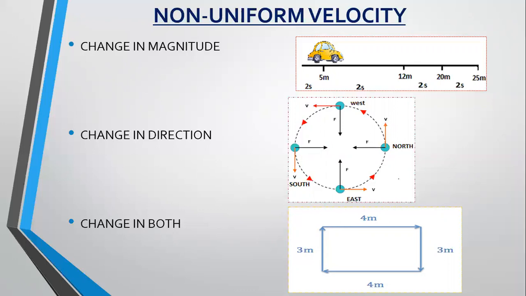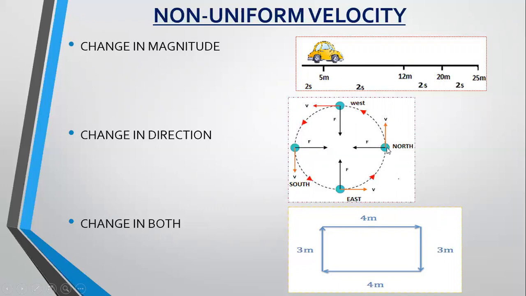The stone, however, will try to move in a straight path. The blue dots over here represent the stone that is trying to go straight, but the string is applying the force on the stone and is trying to keep it in a circular path.